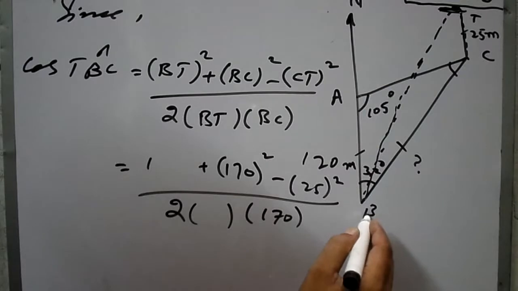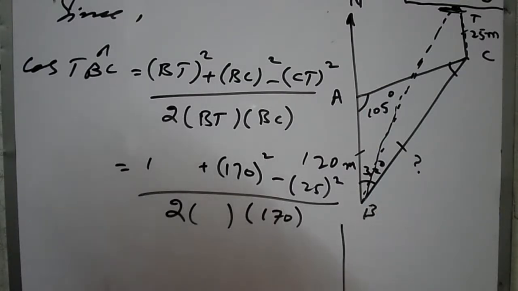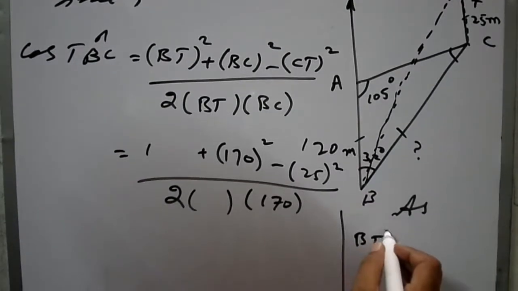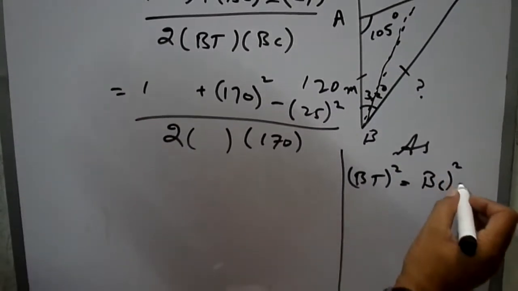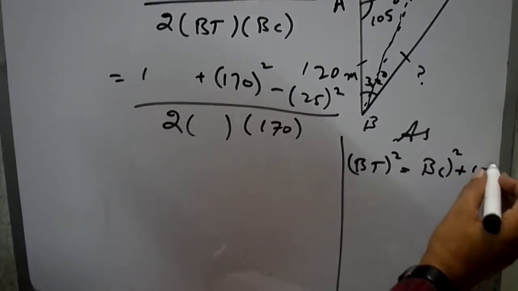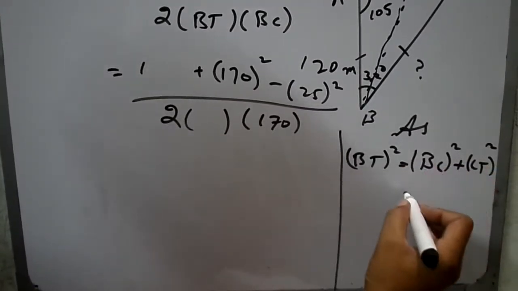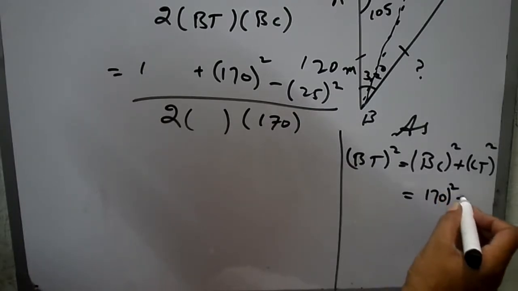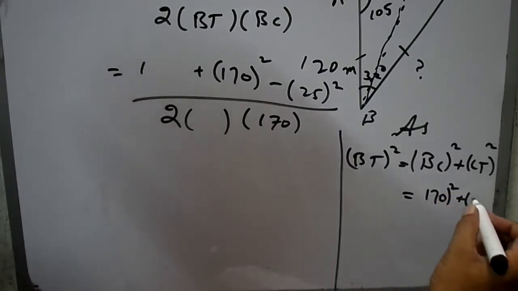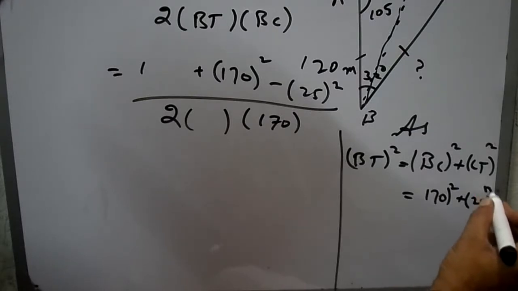Again by using Pythagoras theorem, BT is equal to the square root of BC square plus CT square. So putting the values, 170 and CT is 25, square.